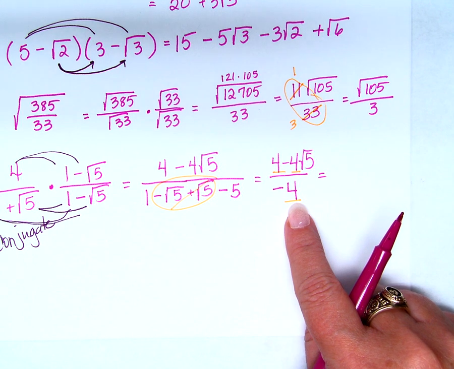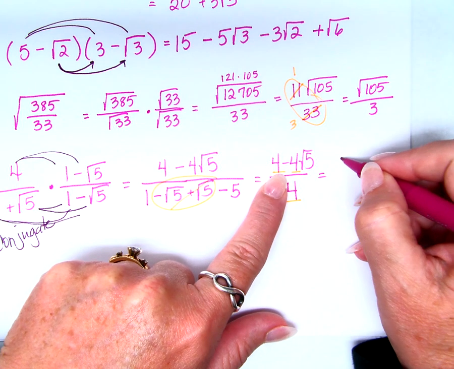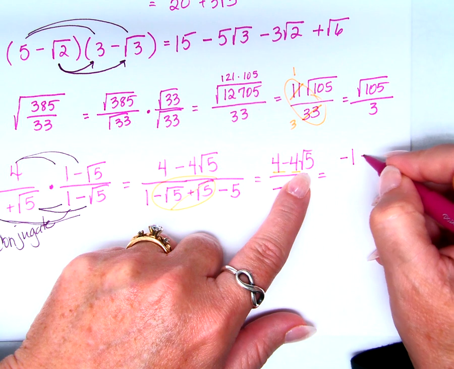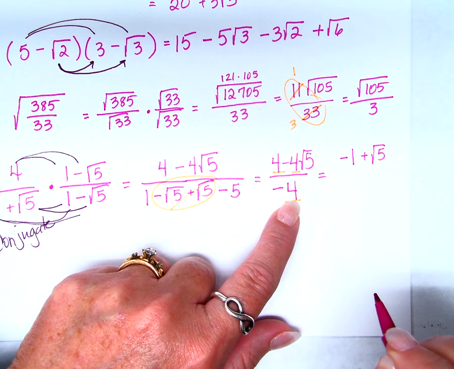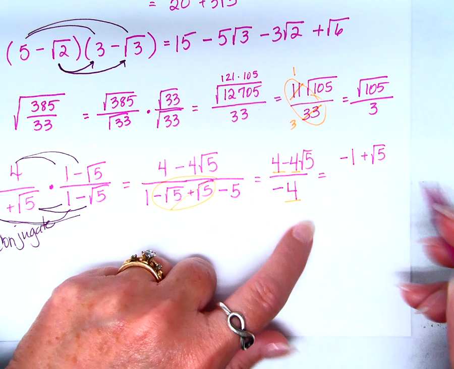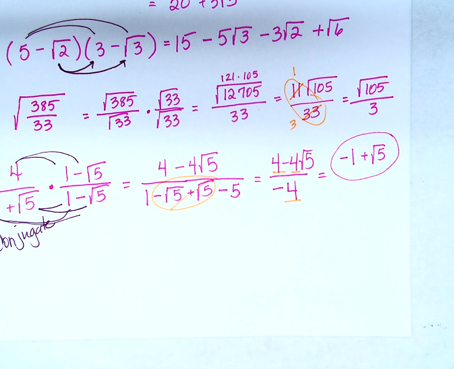No, so let's divide out a negative 4. If I divide a negative 4 out of this, what am I left with? Negative 1. If I divide a negative 4 out of this, what am I left with? And if I divide a negative 4 out of this, what am I left with? 1, right? So what is this right here then? My answer. Okay?